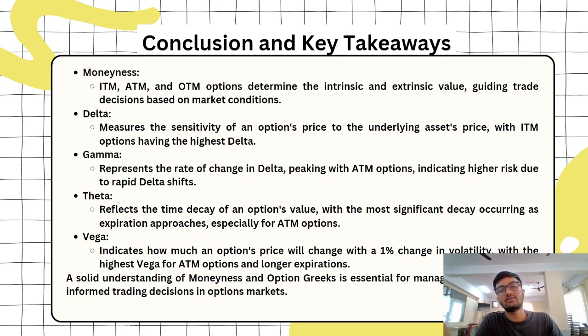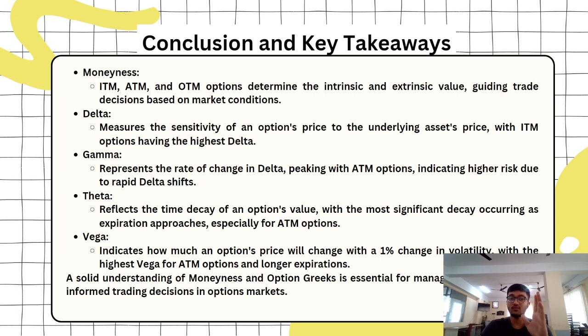Delta measures the sensitivity of an option's price to the underlying asset price, with ITM options having the highest delta. So the trades will be much more in your favor if you are trading ITM options. Gamma represents the rate of change in delta, peaking with ATM options.